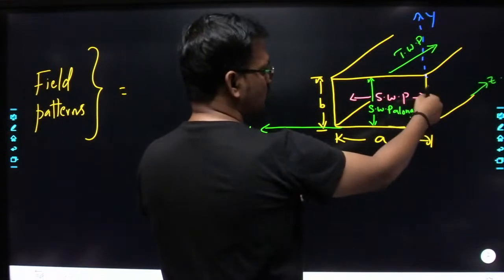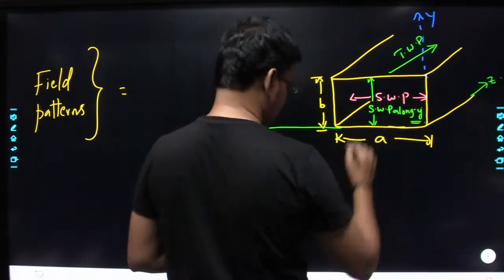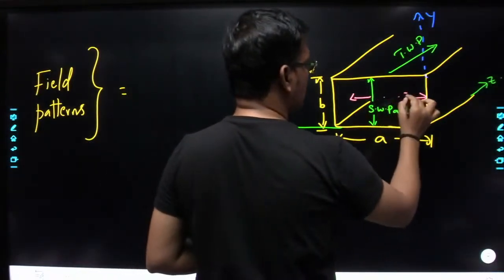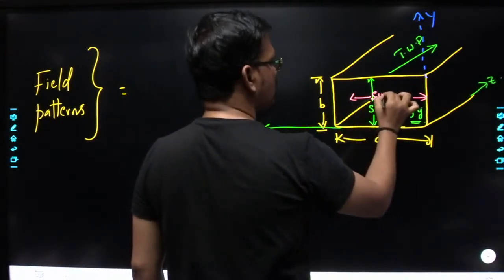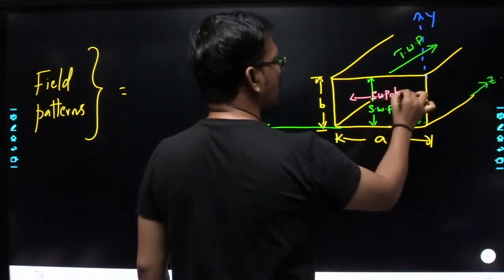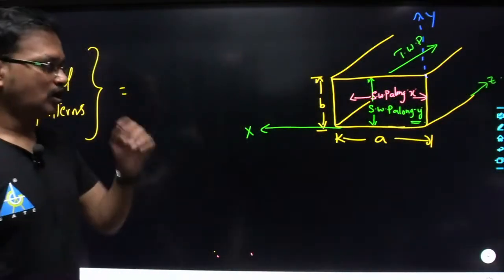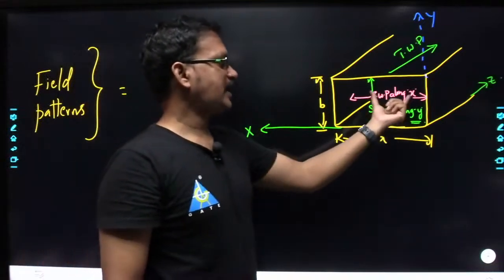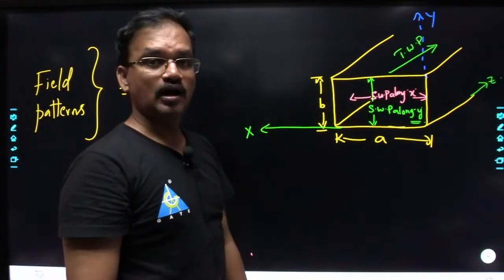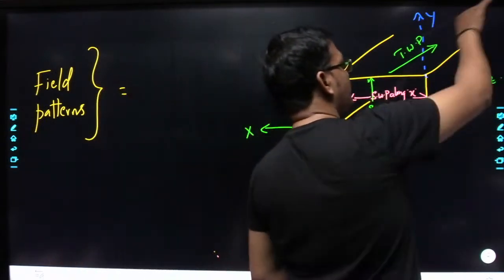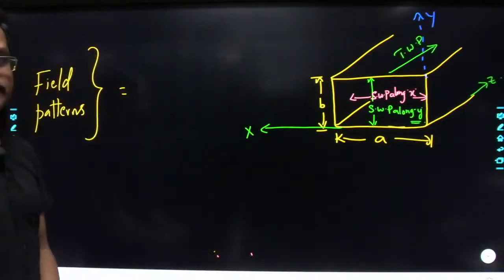As you move between these two conducting plates, you are moving along the x direction, which means you must have a standing wave pattern along x. So you are going to encounter a standing wave pattern along x, a standing wave pattern along y, and you must have the traveling wave pattern along the z direction, that is, along the net propagation direction.